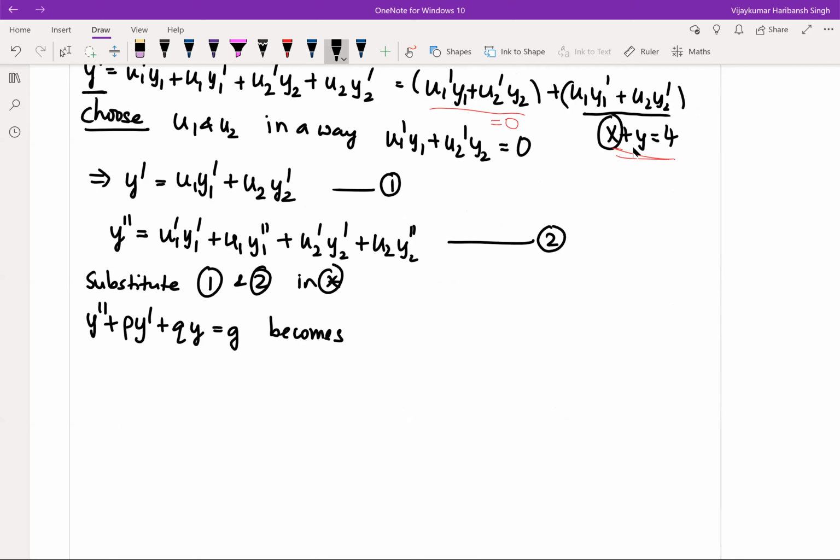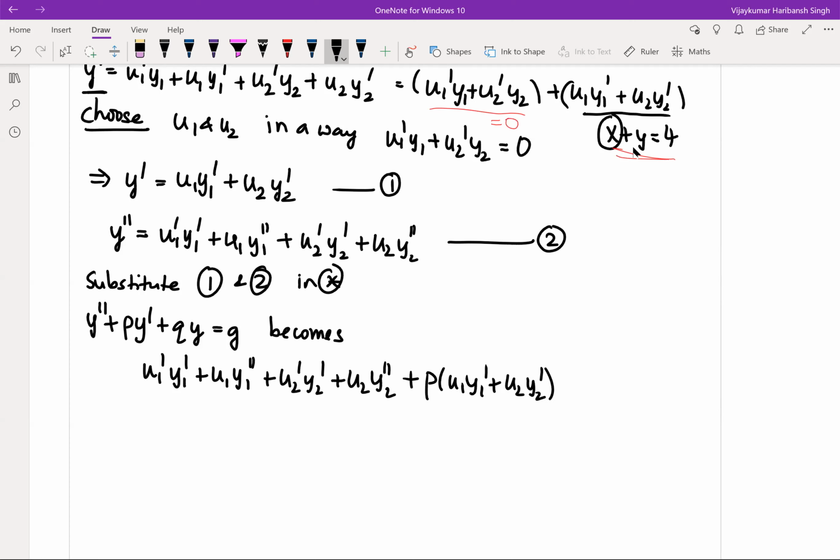Let's write it here. u1 prime y1 prime plus u1 y1 double prime plus u2 prime y2 prime plus u2 y2 double prime. That was just the first part, plus p times u1 y1 prime plus u2 y2 prime. That was the second part, p y prime, plus q y, which is q times u1 y1 plus u2 y2, and that is equal to g.